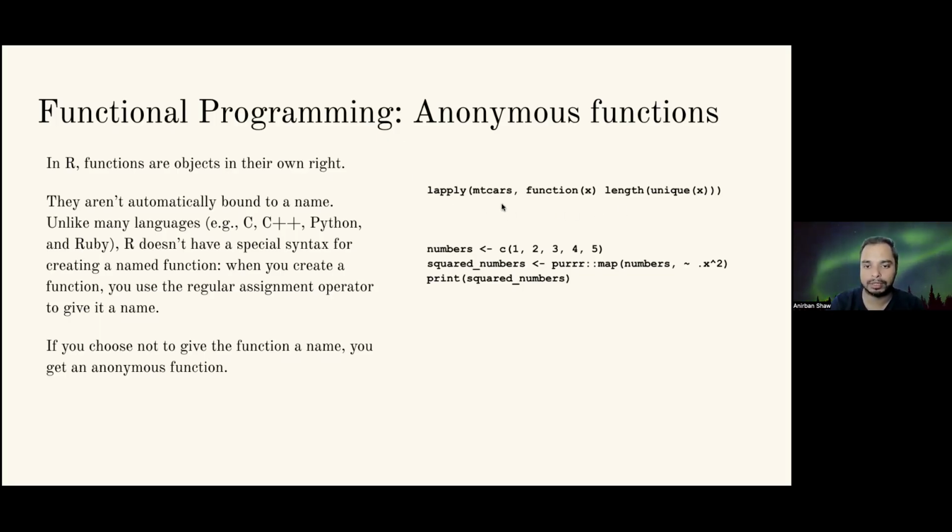What is important is to understand that this function is not named, right? It's just a function definition without a name, where x is one of the items inside mtcars, right? So that's how you can use an unnamed function here without defining a name, and you are using a function on the go.